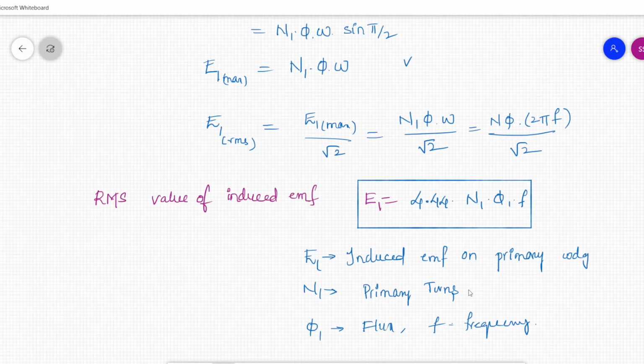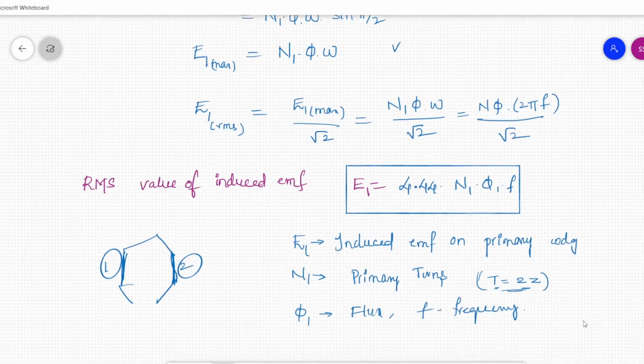One turn equals two conductors. This is one thing to remember. One turn will generally have two conductors. This is considered to be one turn: this is one conductor, and this is another conductor. So one turn has two conductors. This is to be remembered.